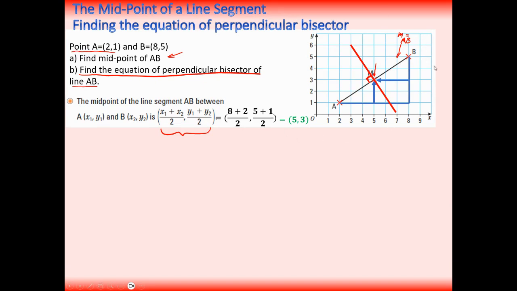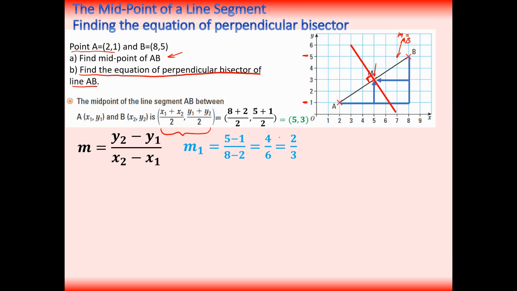If we subtract y's and divide by the difference in x's, we take the y values, 5 minus 1, and divide by the x values, 8 minus 2. So 4 divided by 6 is 2/3.